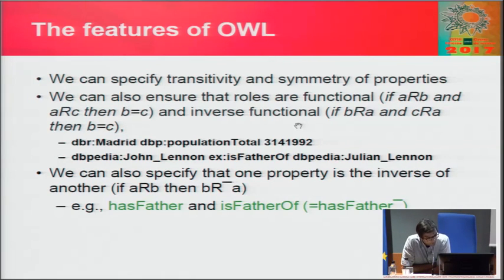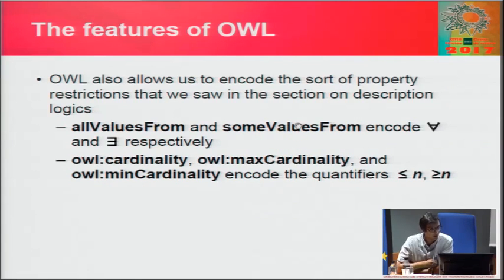And something similar is the case, but in reverse, for properties like "is father of". And with OWL we can also specify that one property is the inverse of another. So, for example, we can make sure that "has father" is the inverse of the property "is father of".